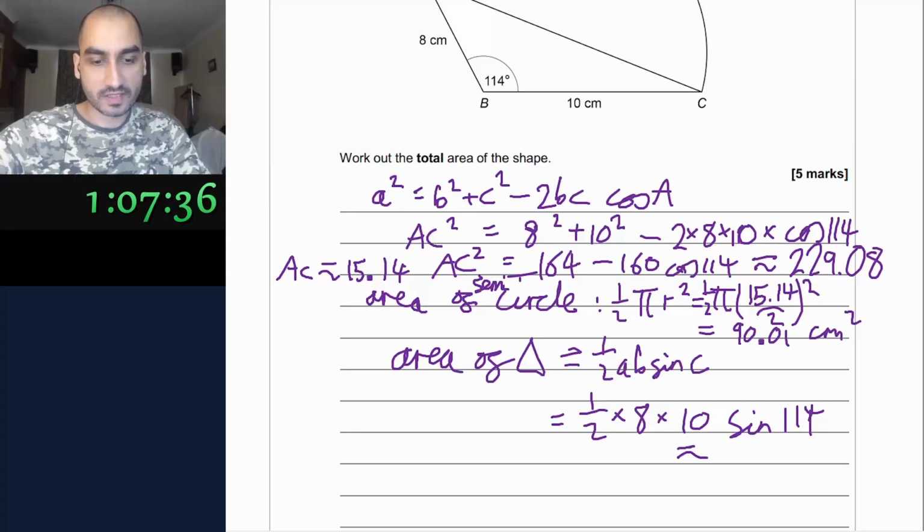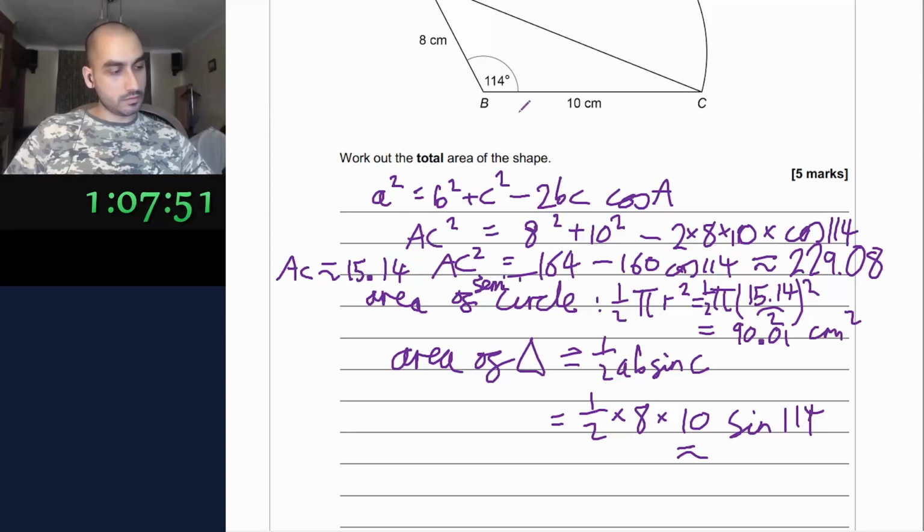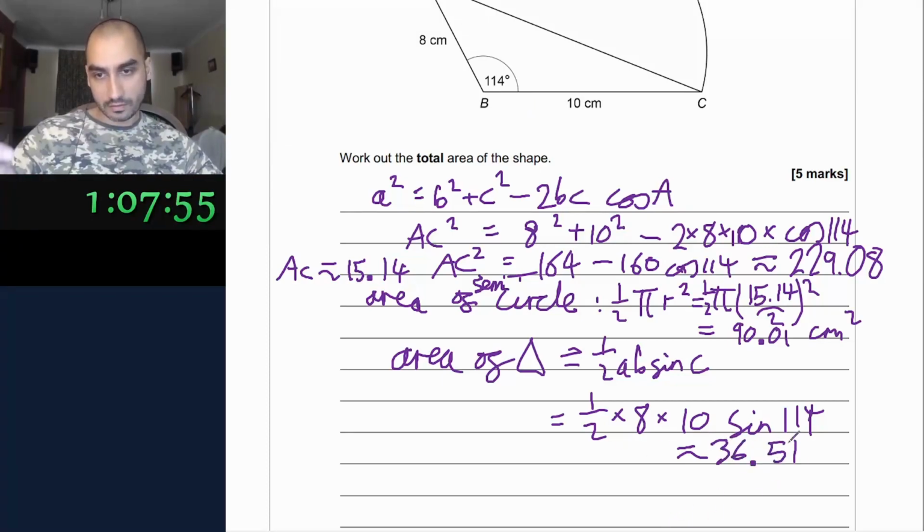So 0.5 times 8 times 10 times sine 114. Specify degrees because Google uses radians by default. 36.54.